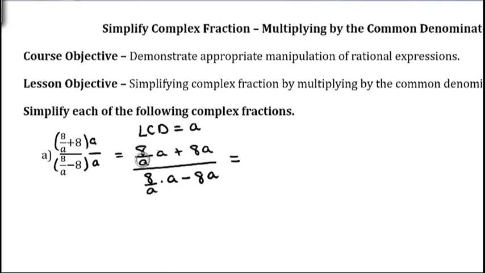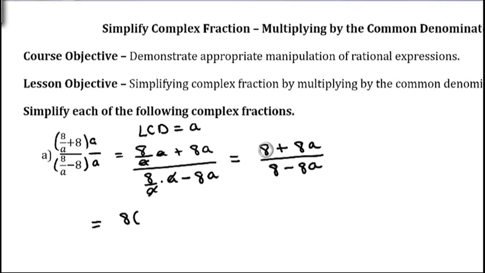So when we multiply 8 over a by a, the a's cancel and we're left with 8. And then we have plus 8a. And in the denominator, when we multiply 8 over a by a, we'll be left with 8, and then minus 8a. So now both the terms in the numerator have 8 as a common factor, so we're going to factor out an 8.